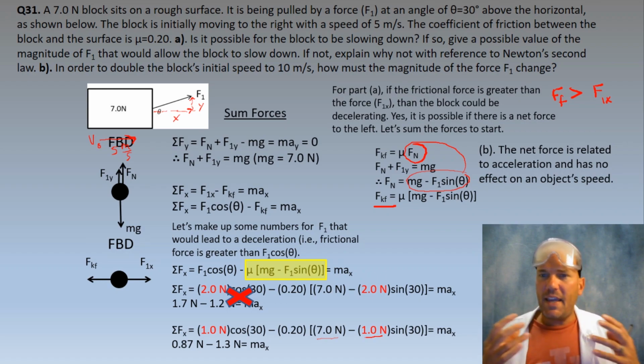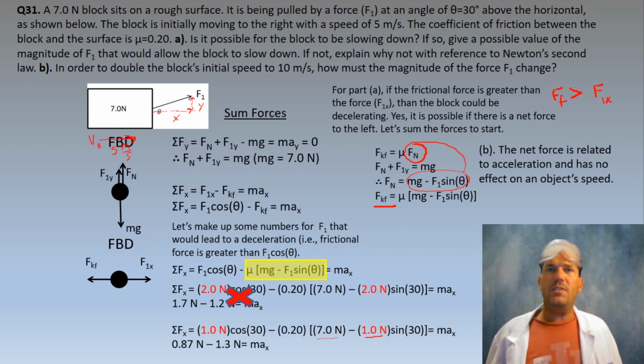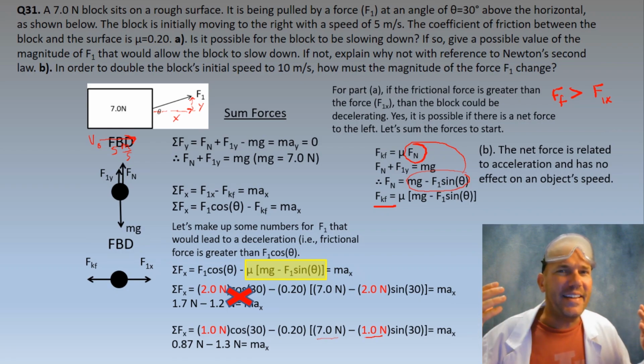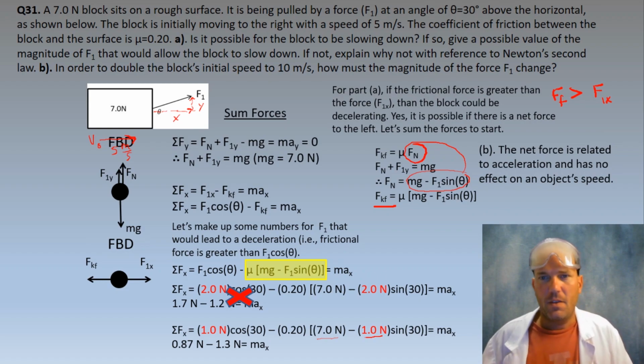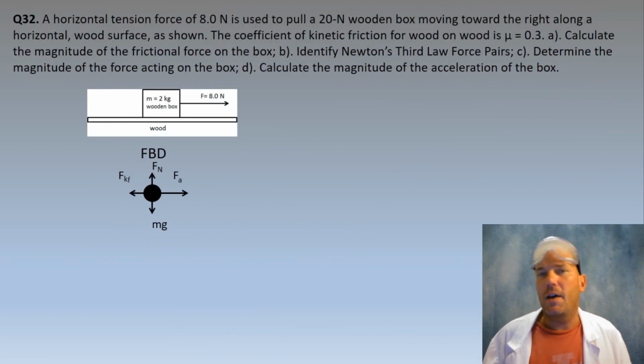So we cannot answer part B, because Newton's second law states that the sum of forces is equal to the mass multiplied by the acceleration, and we can't simply answer this question. Just to make a point on that one.